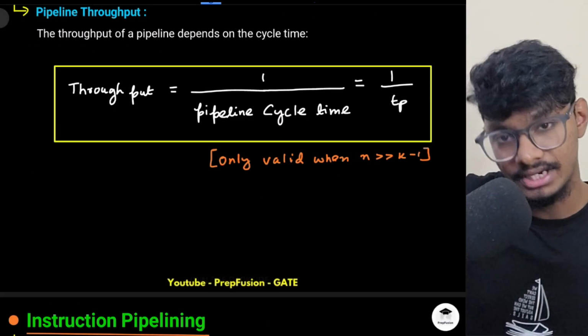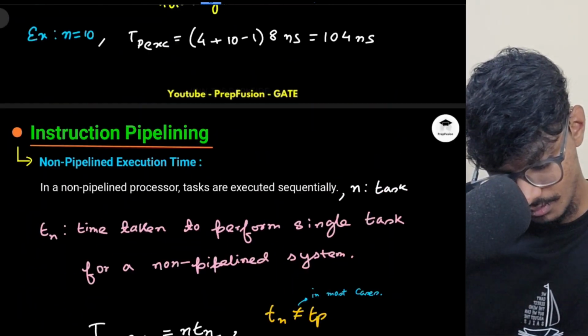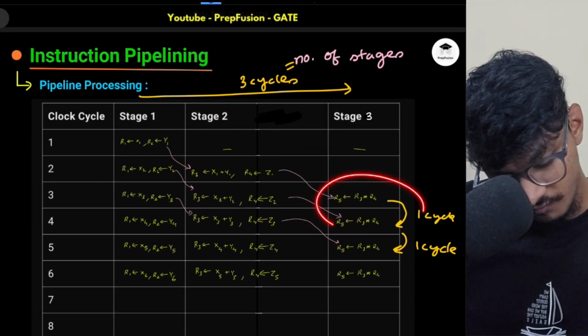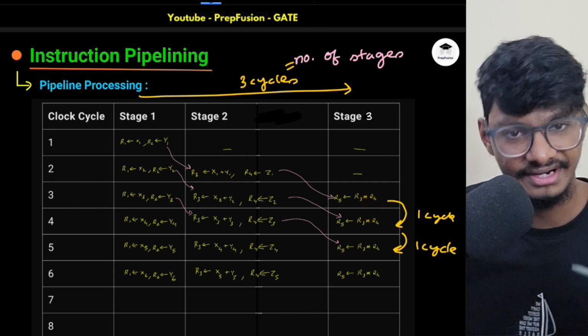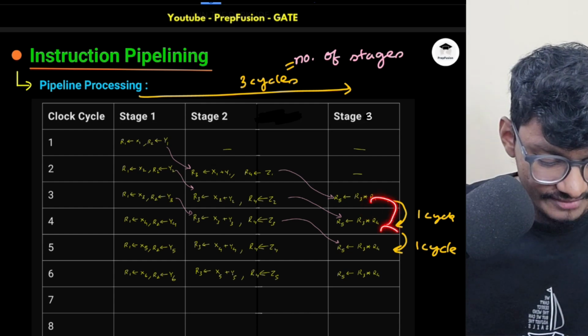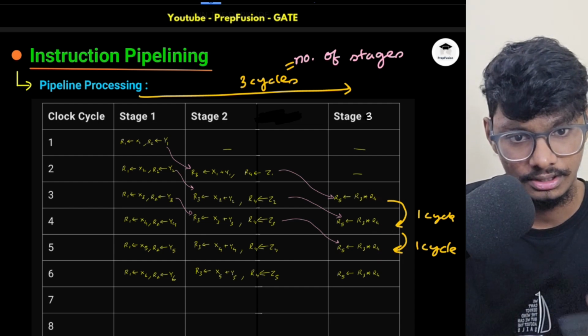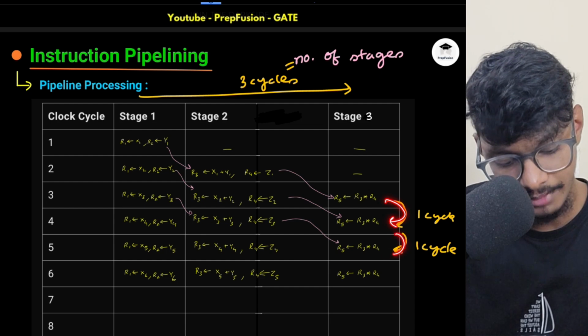If I go back to our starting example, what were you observing? Even if n is not very much greater than k, it will still work. After every cycle, I am getting the output of a single input.